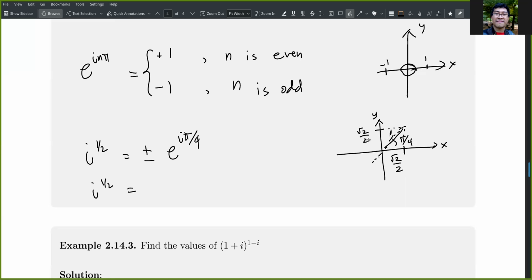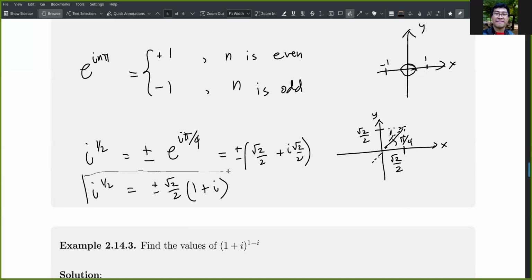So these are the x and y components. So here we can write plus and minus square root of 2 over 2 plus i square root of 2 over 2, or plus and minus square root of 2 over 2 times (1 plus i).